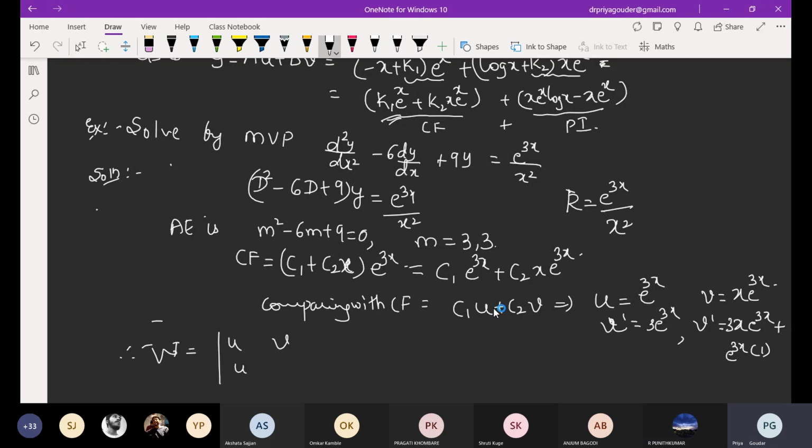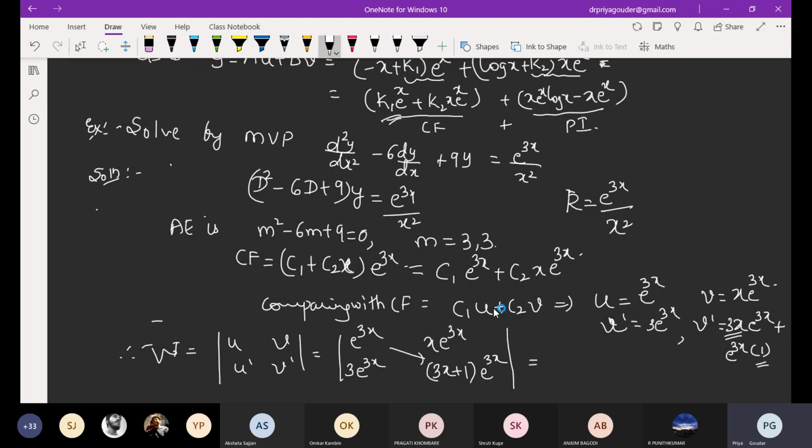Therefore W is equal to the determinant with u, v, u dash, v dash. u is e raised to 3x, v is x e raised to 3x, u dash is 3 e raised to 3x. While writing v dash, I'll take common. What is common here? e raised to 3x, and inside the bracket, 1 plus 3x. Yes, 1 plus 3x you will get.